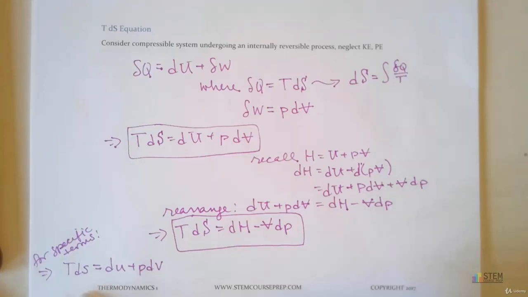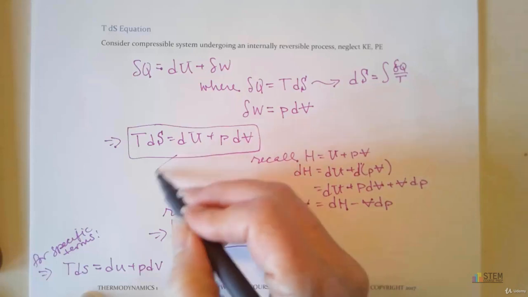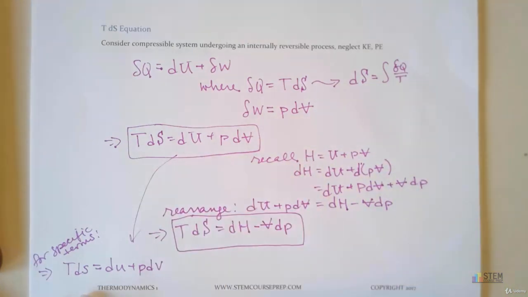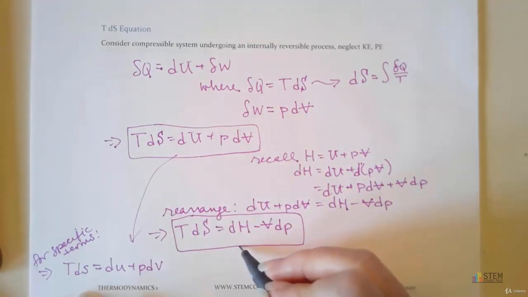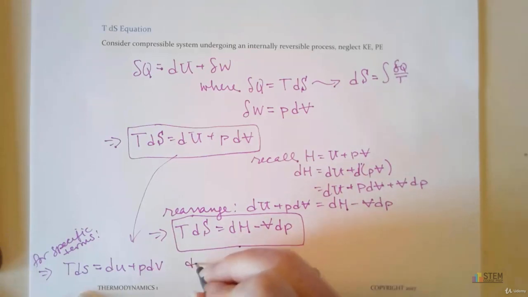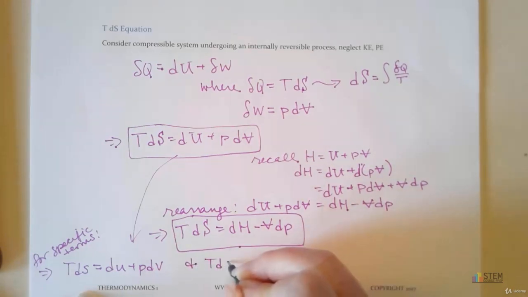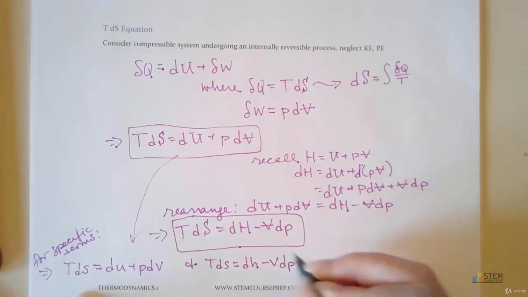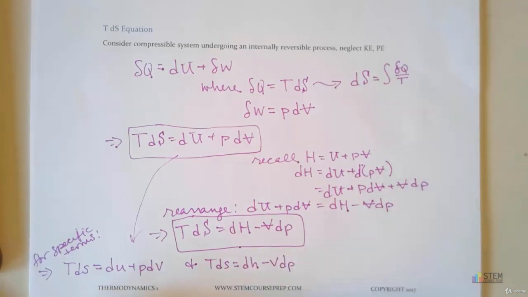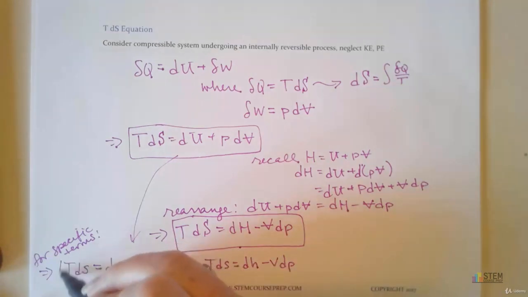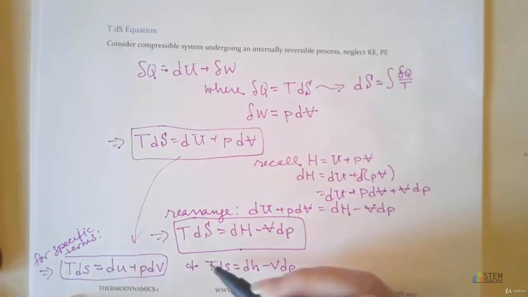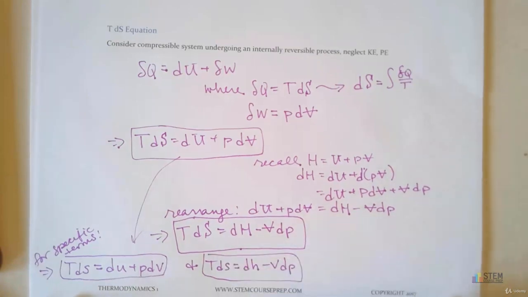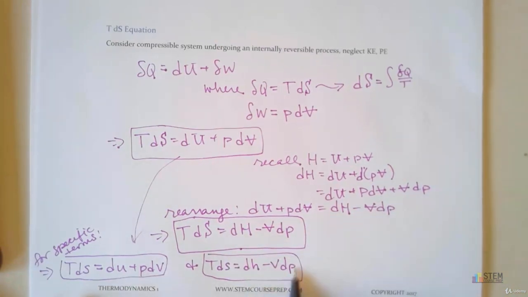All right, so we got that. That's just taking this equation and putting it on a per unit mass basis, and then if we do the same thing for this one, we'll have T ds equals dh minus v dP. So now we've got these two equations. These will be the ones we use with the tables, because the tables give us the specific values.